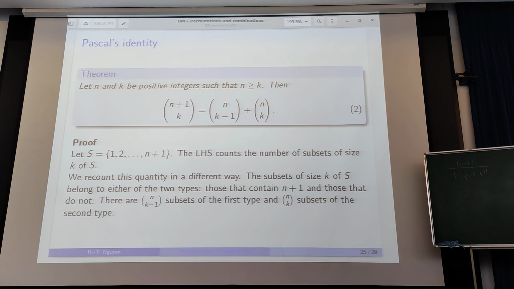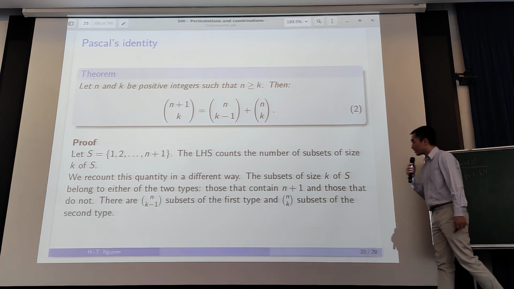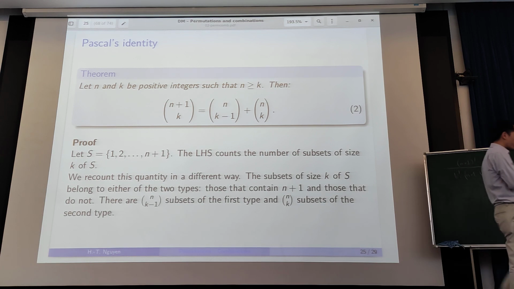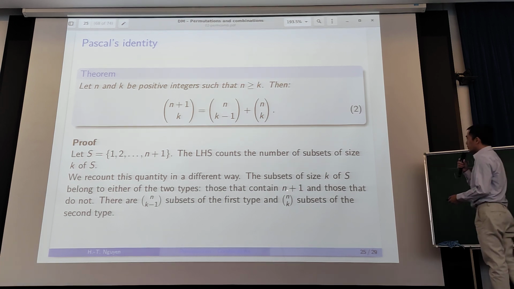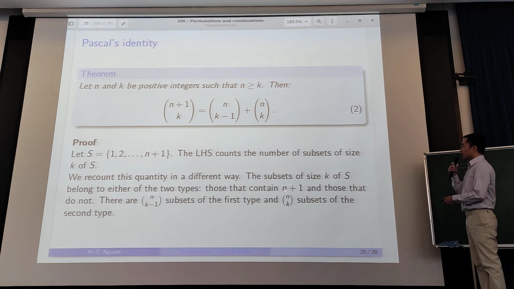So what do we use? In fact, we distinguish the two cases by isolating one element of the set S. Without loss of generality, let's say that we look at the element n plus 1.